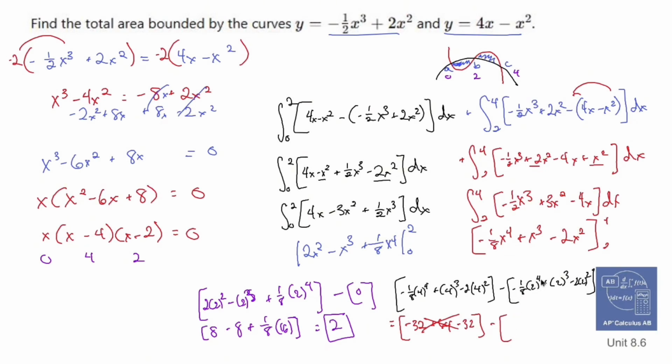So 2 to the 4th power is 16, so negative 1/8 of that is negative 2, plus 8. 2 squared is 4, but minus 8. So you get negative negative 2, which is also 2. So that guy became 2. That guy became 2. Last time I checked, 2 plus 2 is 4.